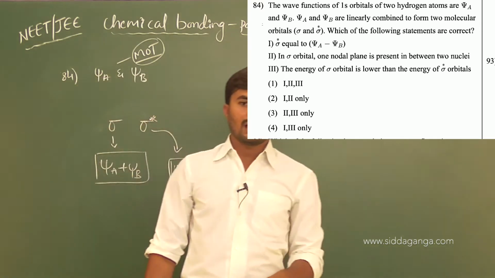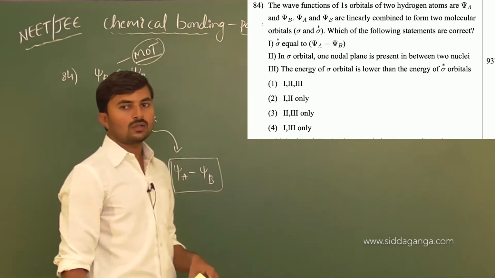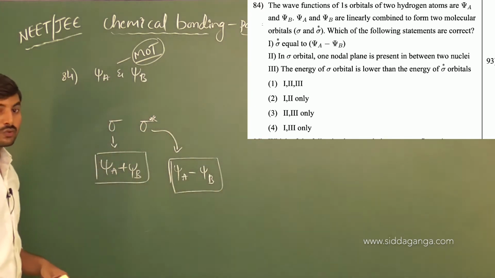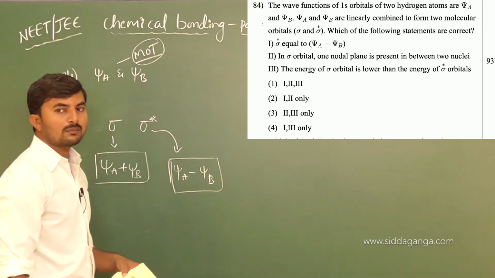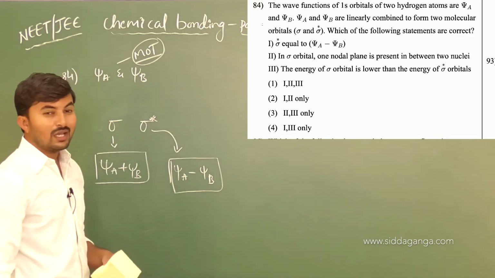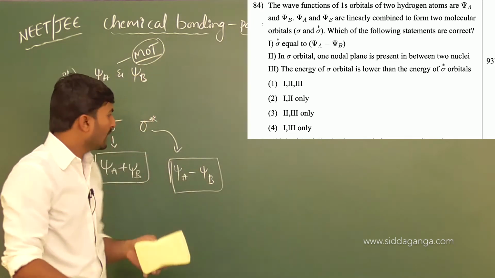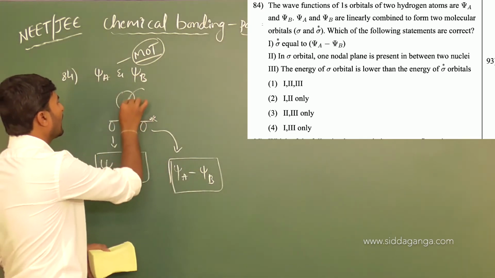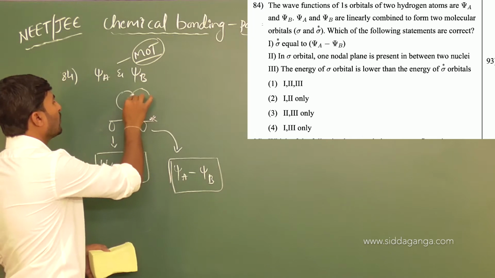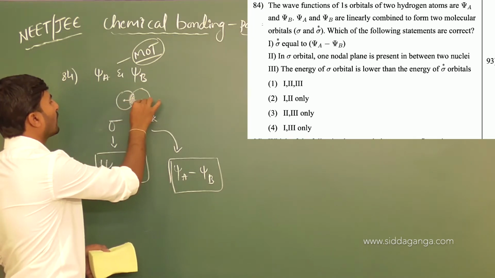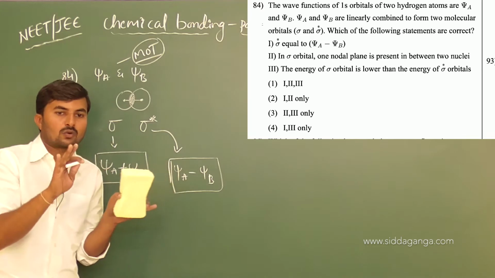And the second one: in a sigma orbital, one nodal plane is present in between the two nuclei. Okay, nodal plane means what? That is the plane where we cannot have electron density. When a sigma bond is formed, in between the two atoms there is no formation of any nodal planes or nodal surfaces.